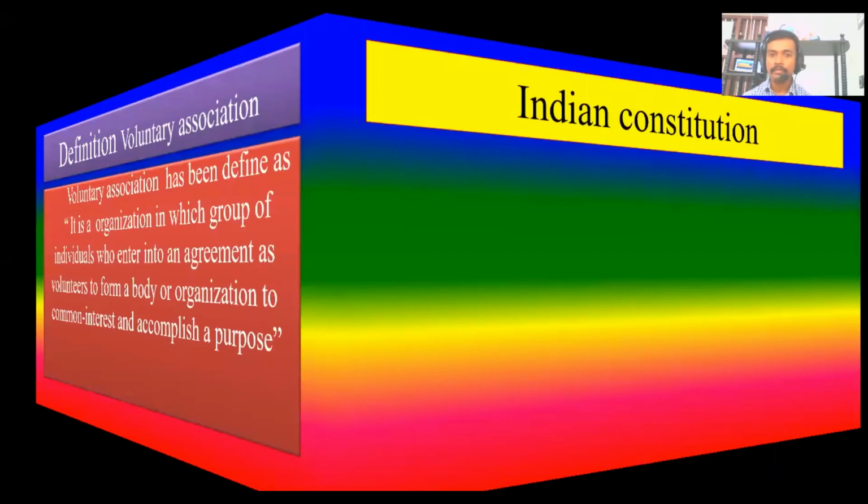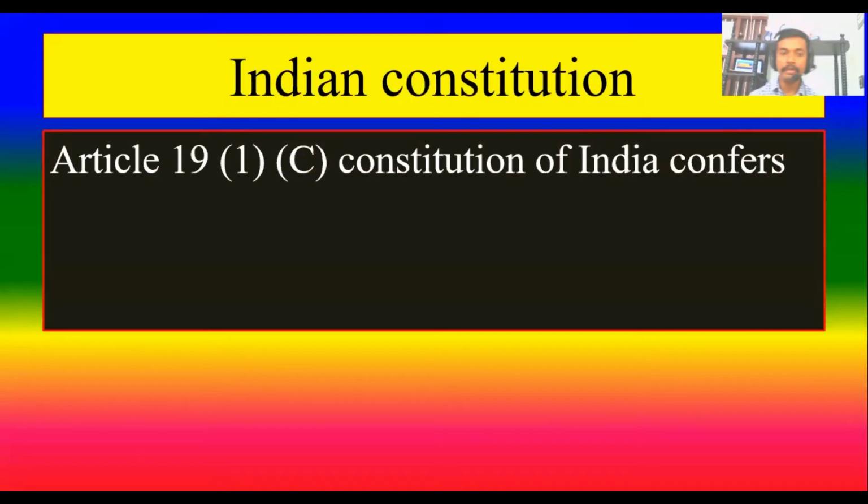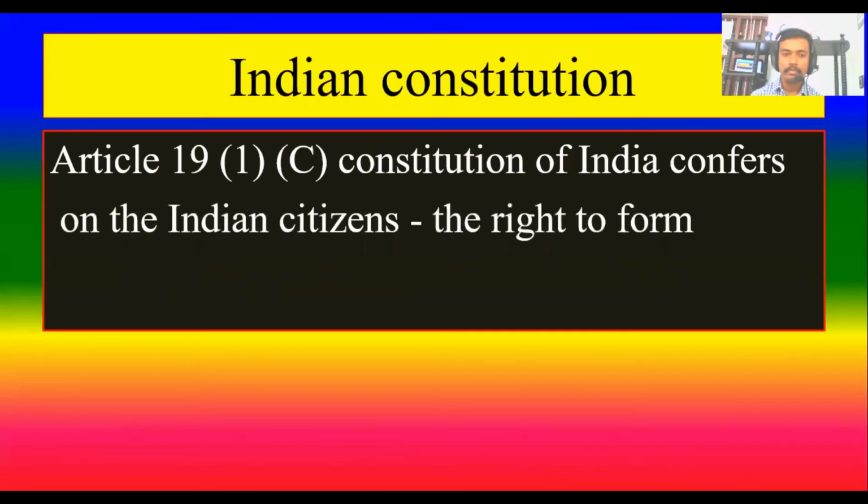Then Indian Constitution, Article 19(1)(c), gives the Indian citizen the right to form associations. So this is a constitutional provision. Every Indian has the right to form associations.